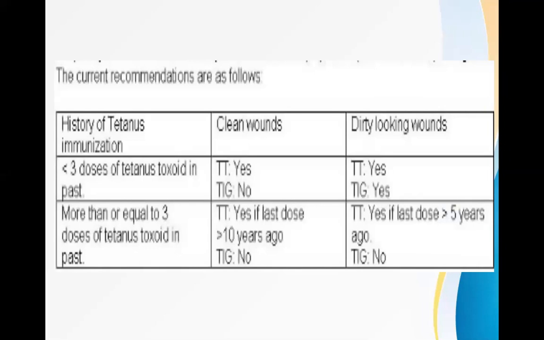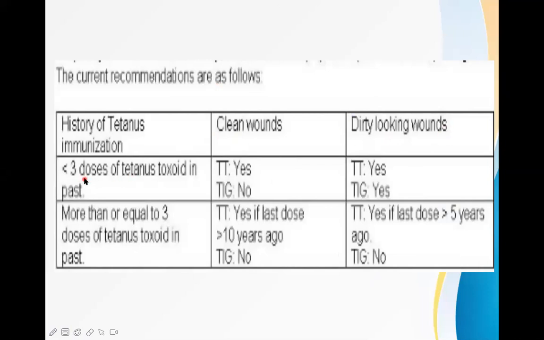The current recommendations of tetanus toxoid or tetanus immunoglobulin are as follows. Now, this is a history of tetanus immunization. This is a clean wound and this is a dirty looking or contaminated wound.